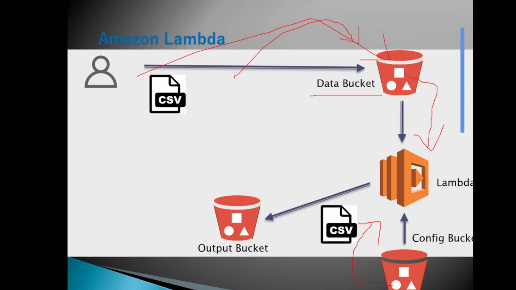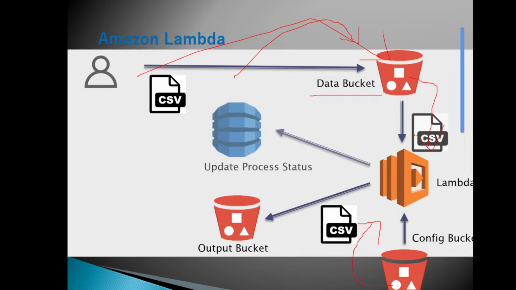Okay, and just for logging or auditing purposes, I am going to store the information about what files are being processed by Lambda. Okay, let's say in the future Lambda was not able to process 2 files out of 100.